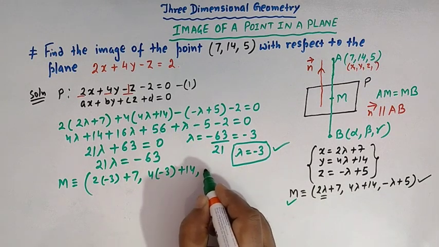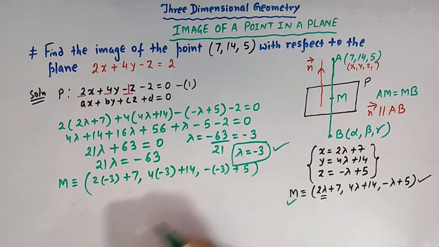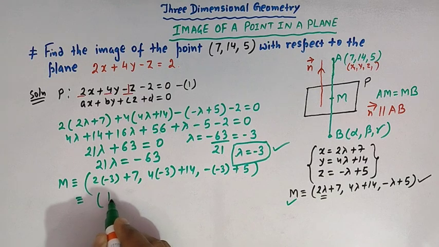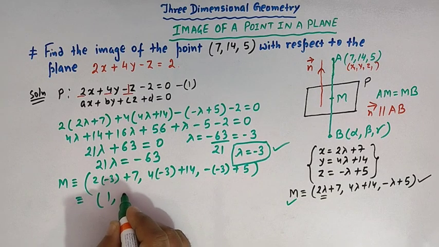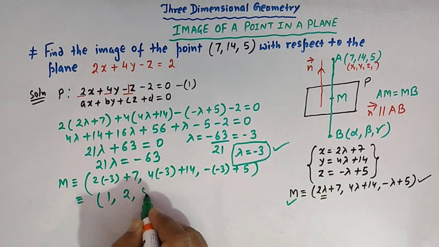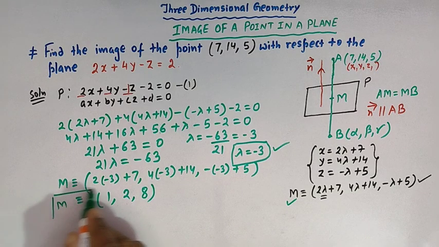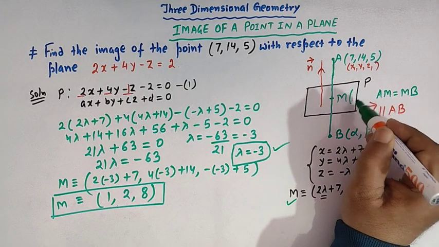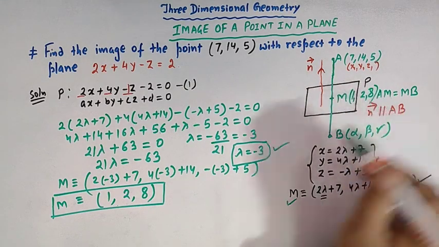Then we have minus (minus 3) plus 5, right? So this is minus 6 plus 7, that is 1. And here we have minus 12 plus 14, that is 2. And here we have 5 plus 3, 8, right? So we have now obtained the coordinates of this point M, and the coordinates are 1, 2, 8, right?